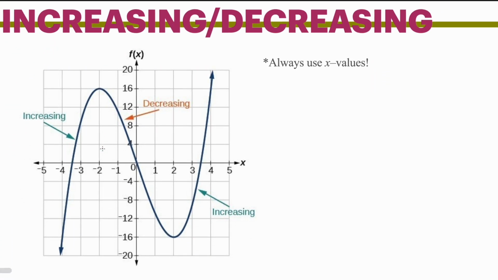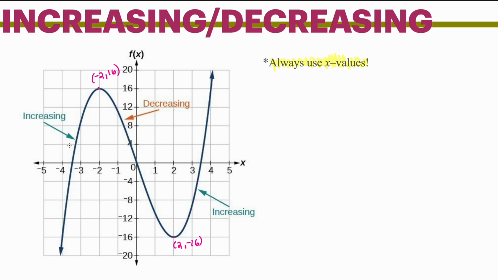To do increasing and decreasing, first, please note we always use the x values for our intervals. I know that at this point, this is the point -2, 16, and we know that this is the point 2, -16.